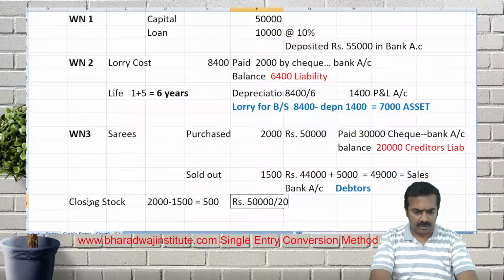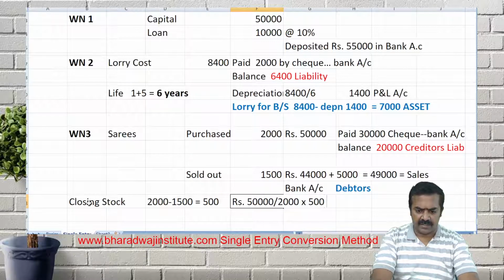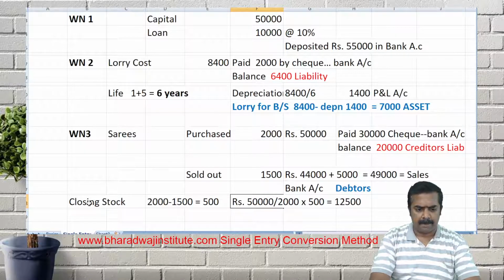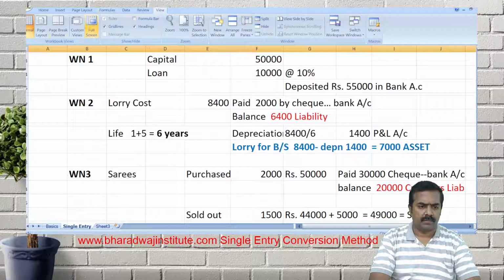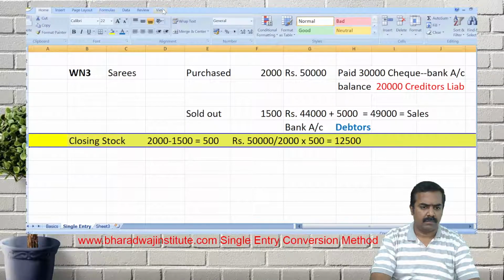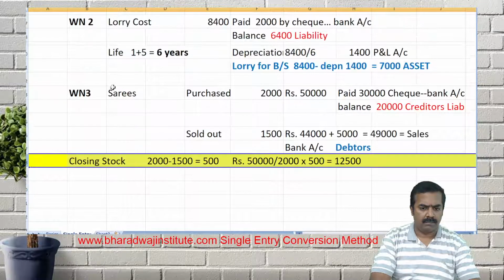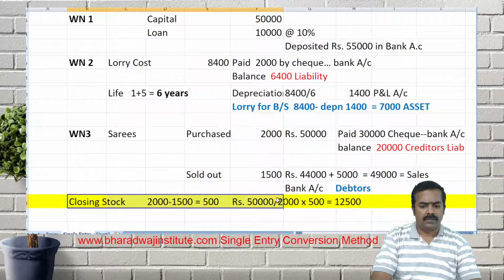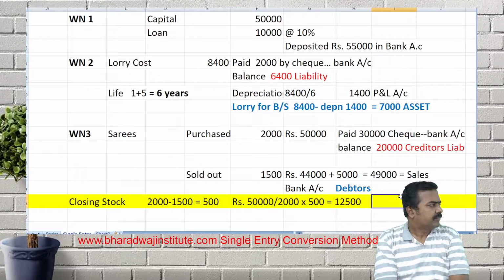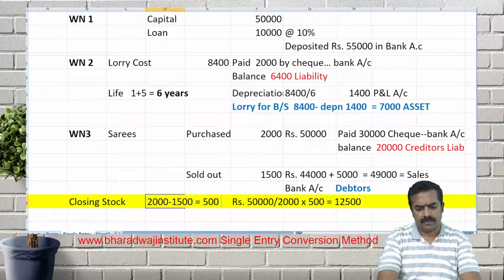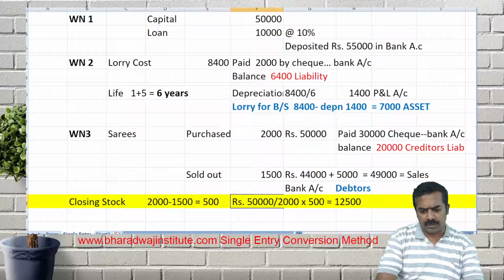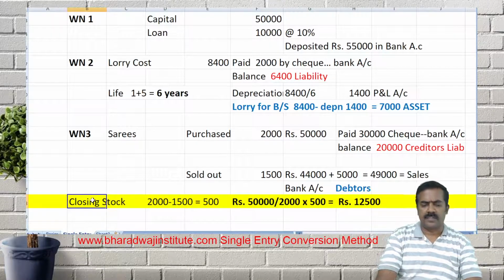If 50,000 is for 2,000 sarees, what is it for 500 sarees? 12,500 is the closing stock value.